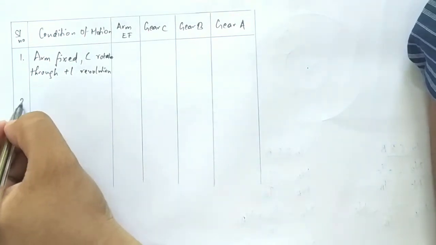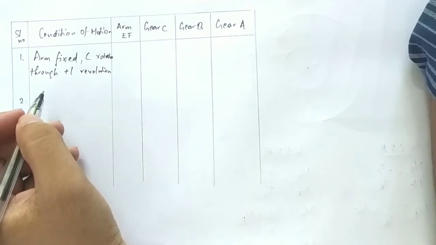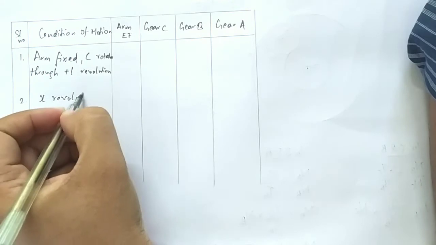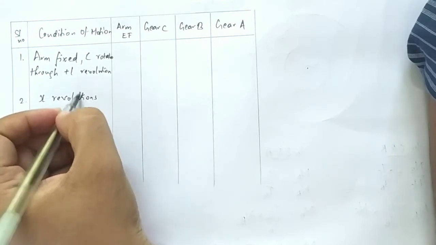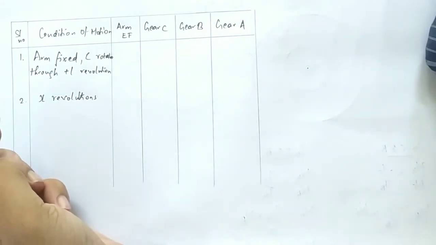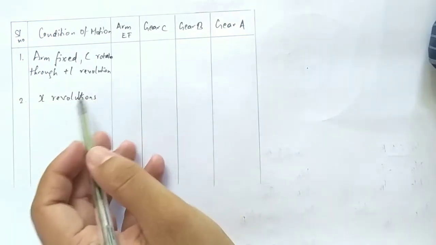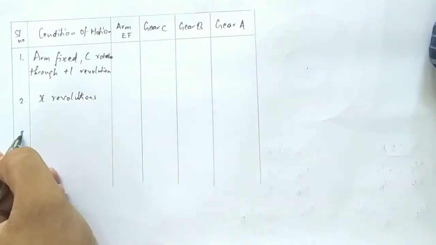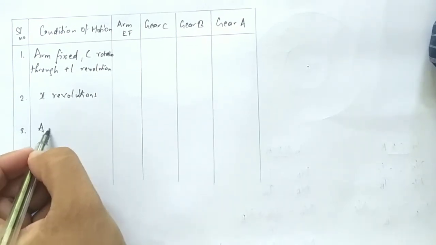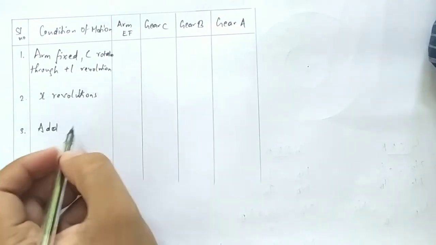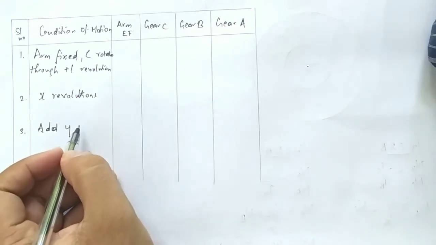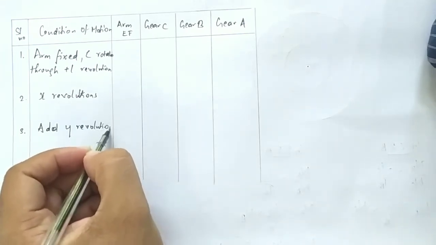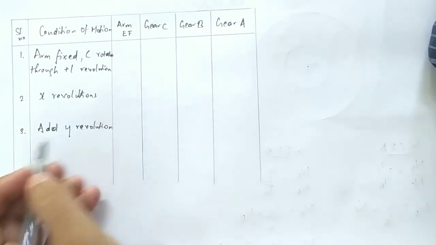The second condition you will give is, now you give x revolution, so you will multiply everywhere with x. The third condition will be adding some unknown quantity y. Add y revolution. Here it is multiplying by x, next is adding y.